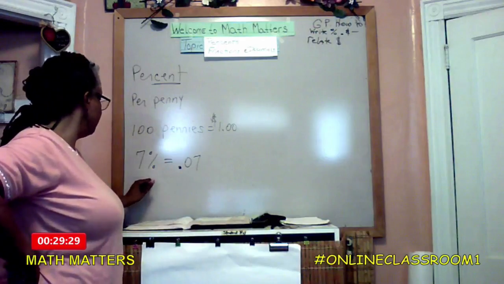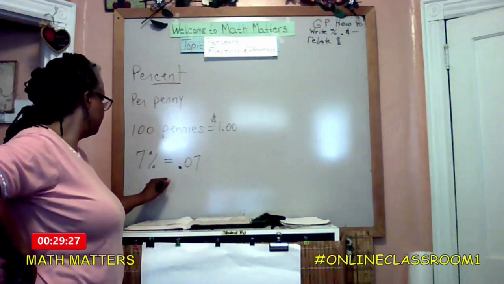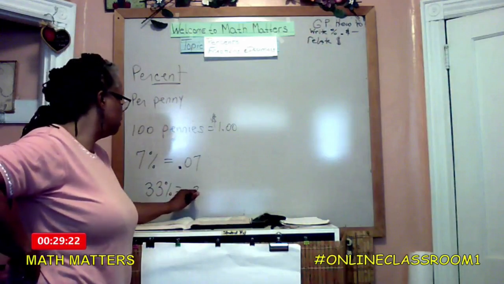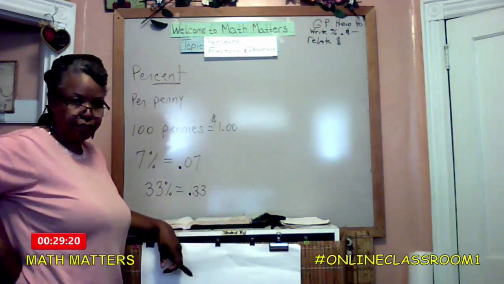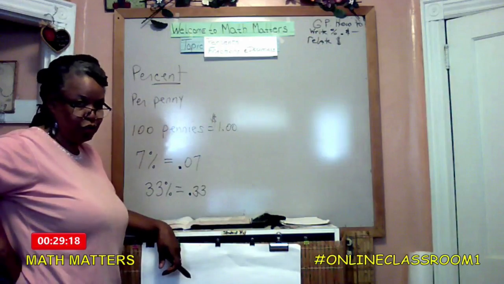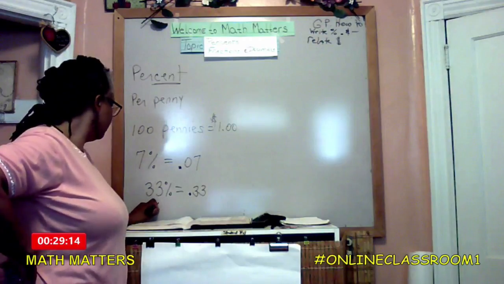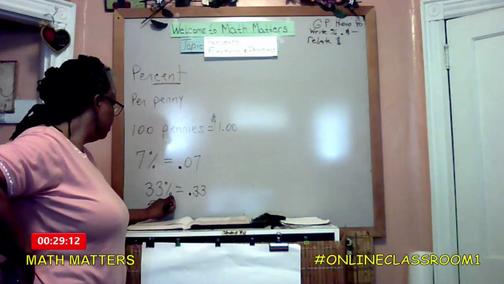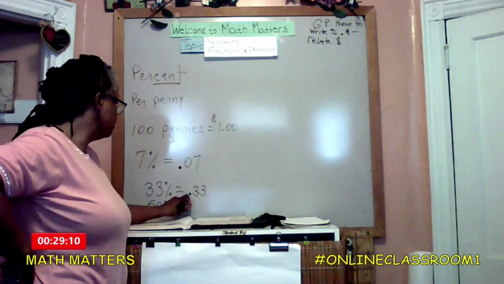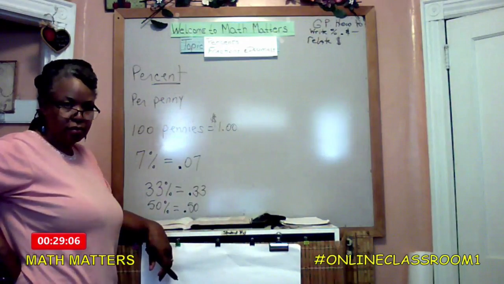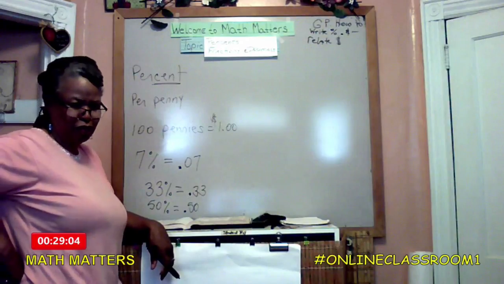All right, 33% looks just like 33 cents. So simple. 50% looks just like 50 cents. Make sense?